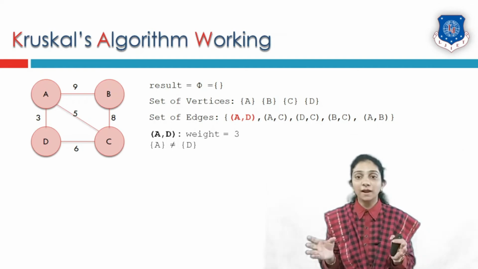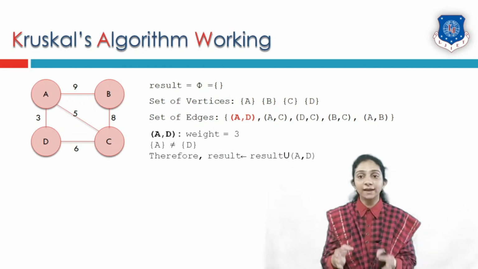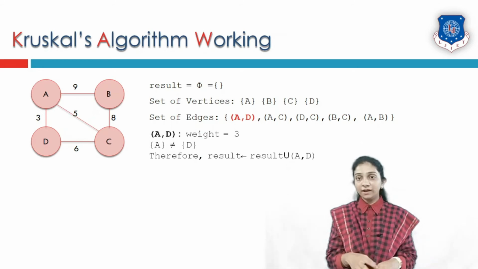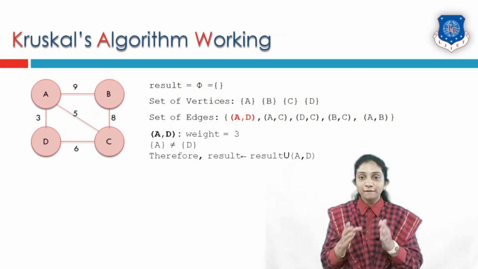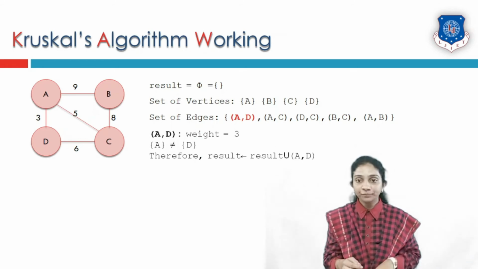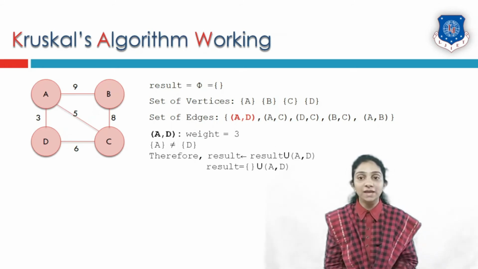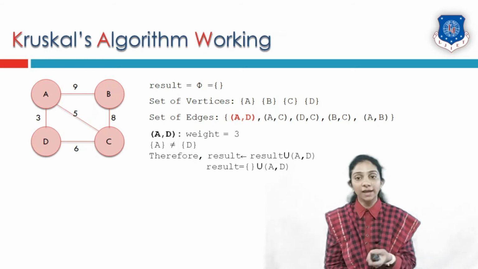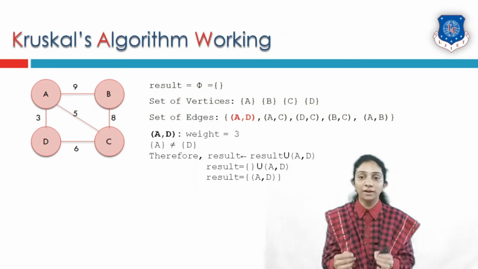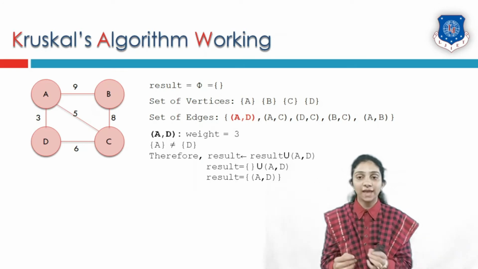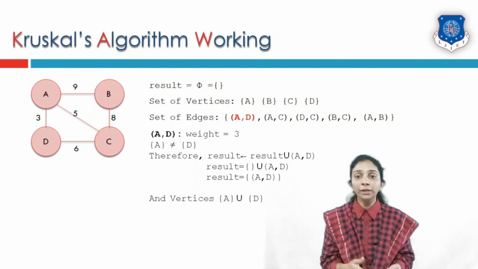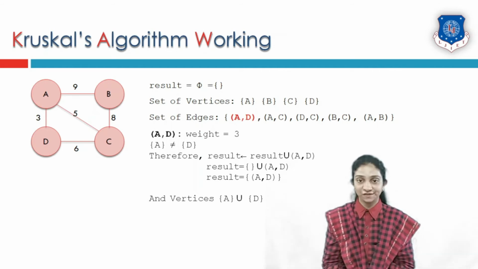If sets are unequal, we take the edge union with the previous result. Currently my result set is empty, which is taken union with edge A, D. So my resultant set will be the empty set union A, D. The result set now contains only one edge, that is A, D. And we have to take the union of the sets of vertices.